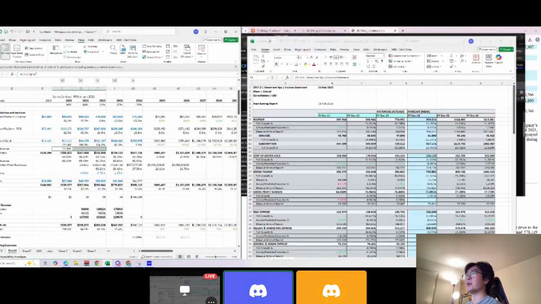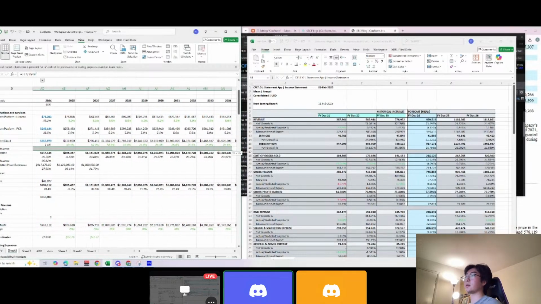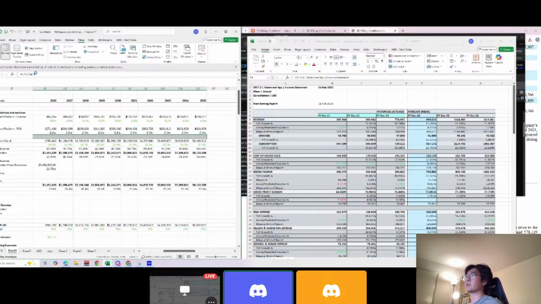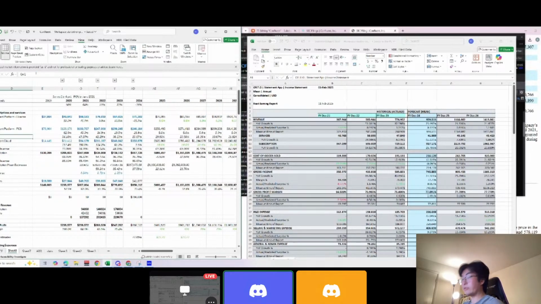J48, JJ48. Yeah, I don't think we need the sequential growth, but maybe a percent of revenue growth. That would be nice.